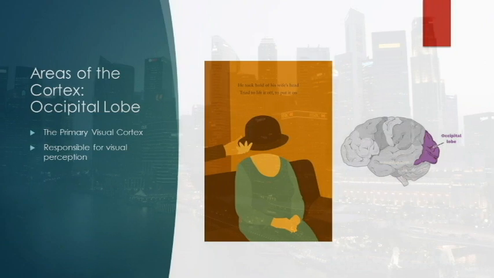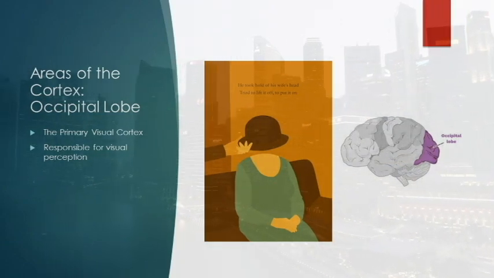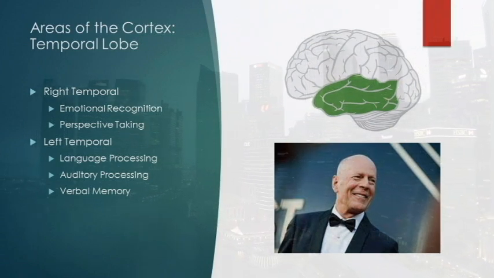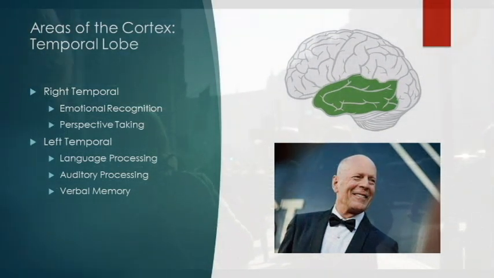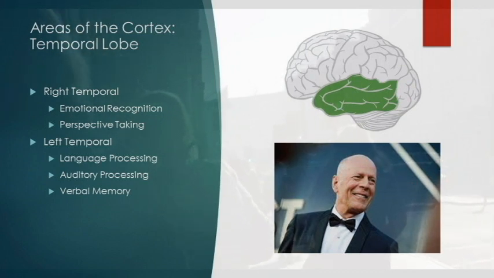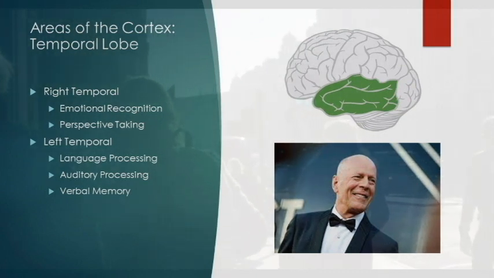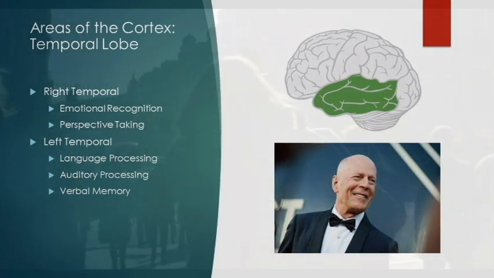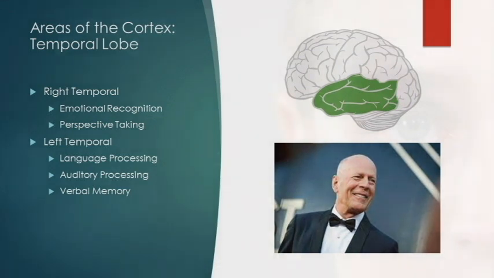Let's go on now and take a look at the temporal cortex. Within the temporal cortex, we have this sprawling expanse of neural tissue within the temporal lobe that's characterized by its intricate organization and its involvement in an array of cognitive processes.